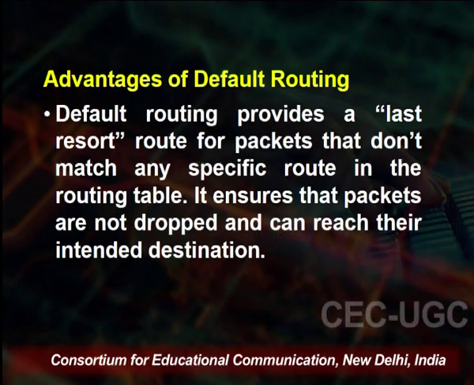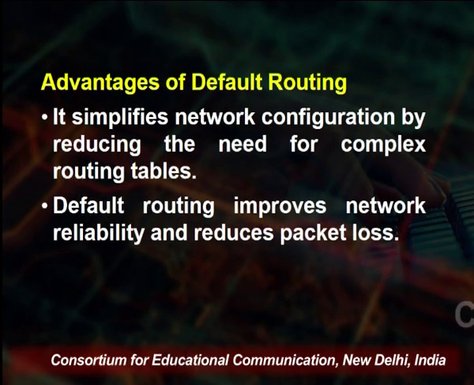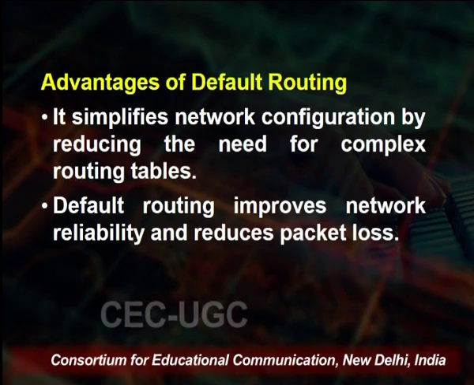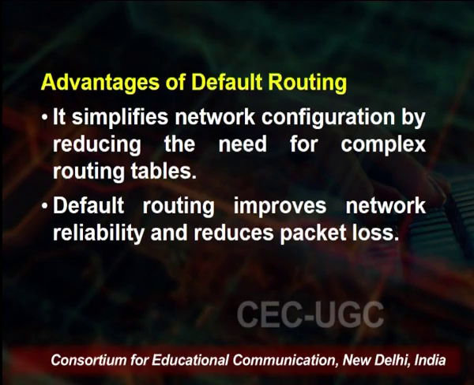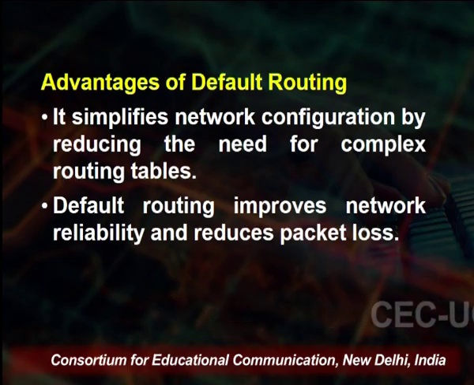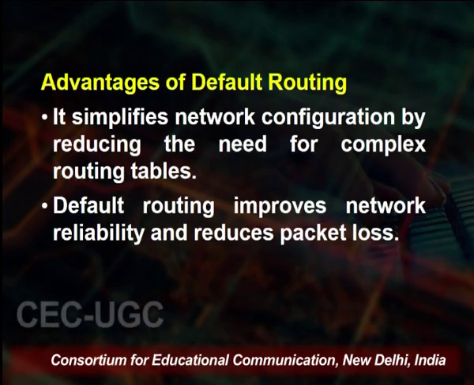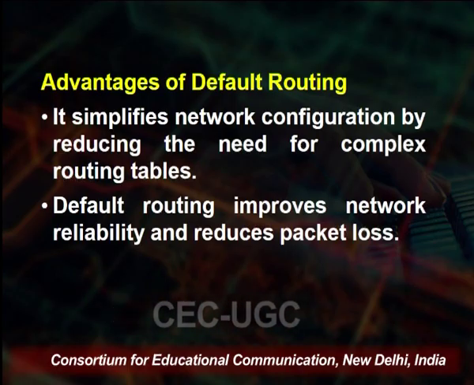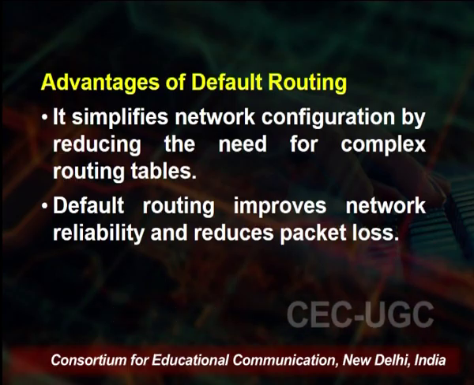On one hand, it also simplifies the network configuration by reducing the need for configuring complex routing tables. Default routing also improves network reliability and reduces packet loss. This is, I can say, one side of the coin.